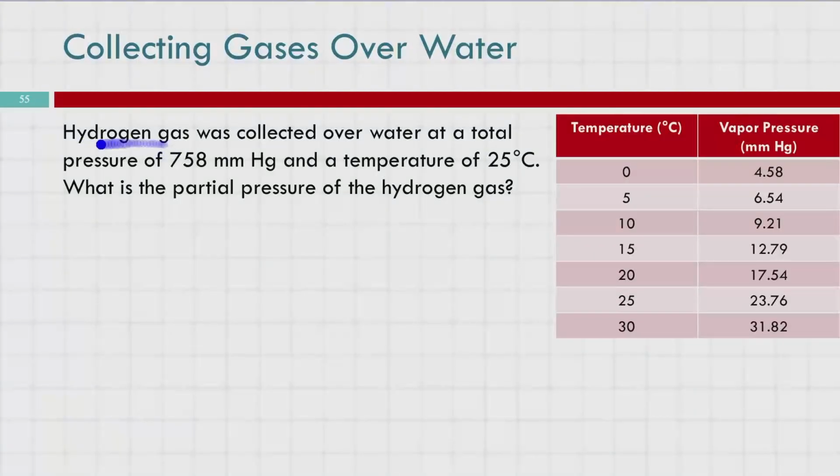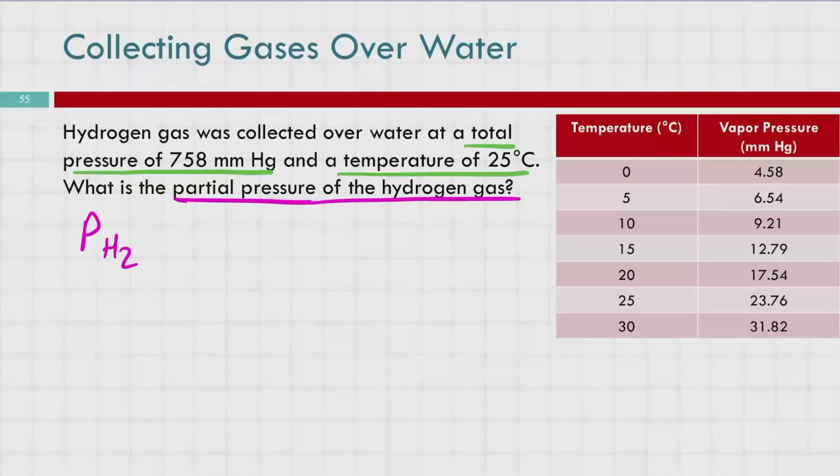So let's say that hydrogen gas was collected over water at a total pressure of this many millimeters of mercury and a temperature of 25 degrees Celsius. What's the partial pressure of the hydrogen gas? So we had a total pressure and a temperature. We want to know the partial pressure of the H2.